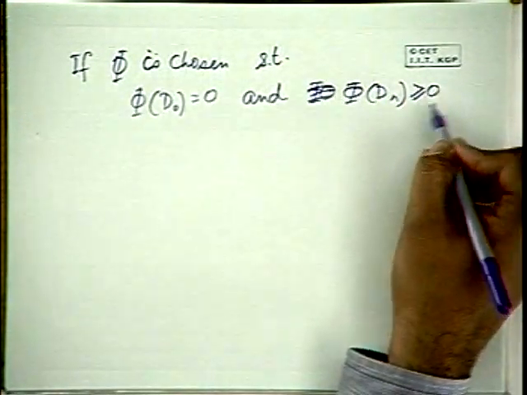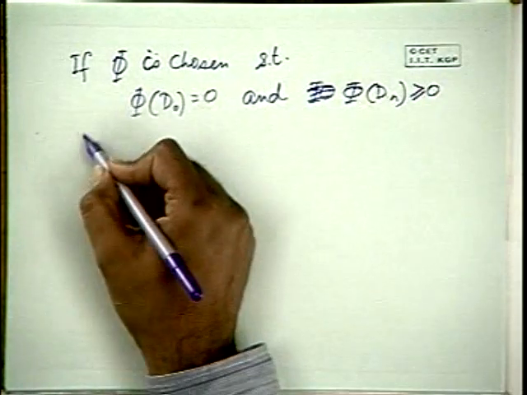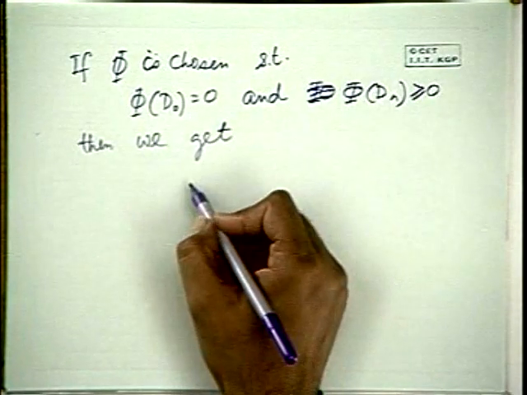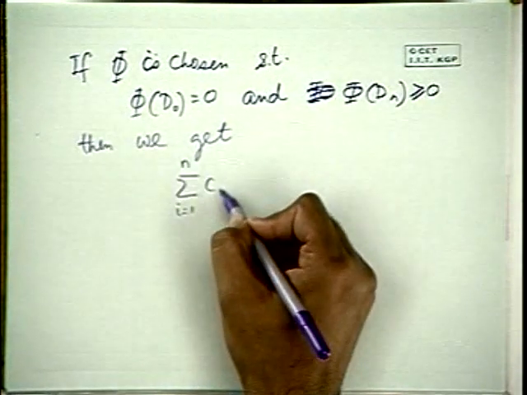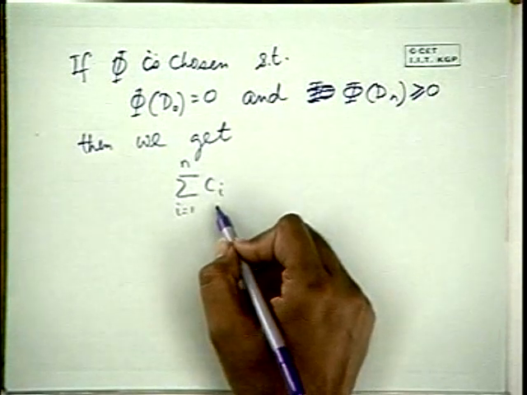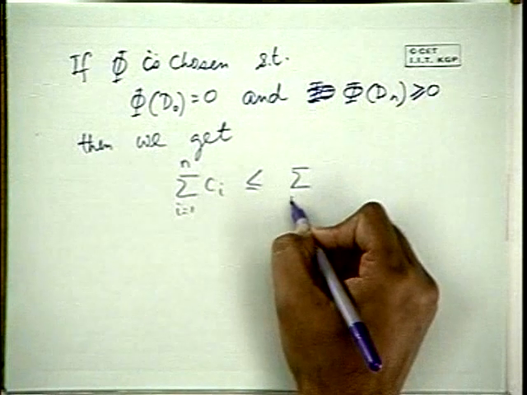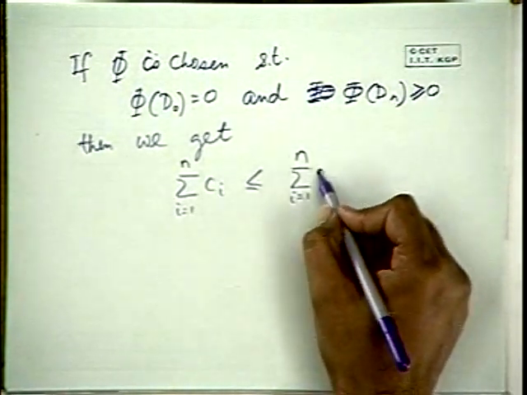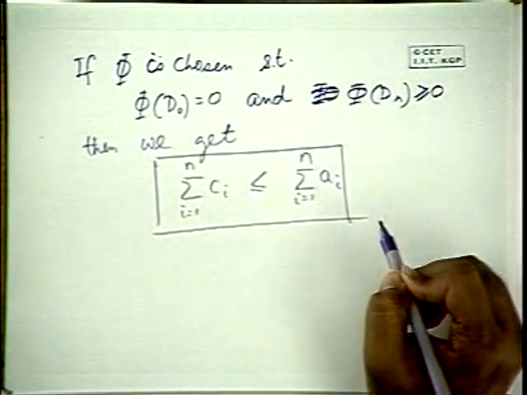Suppose the way we have chosen the potential, these two conditions are satisfied. Then what do we get? We get that the summation of Ci for i equal to 1 to n, that is the total actual cost, is less than or equal to the summation of Ai for i equal to 1 to n. And this is the most important fact.